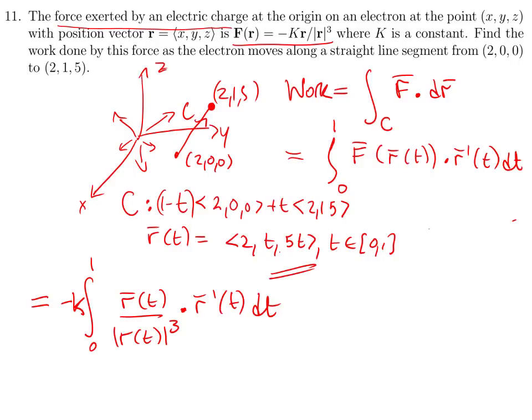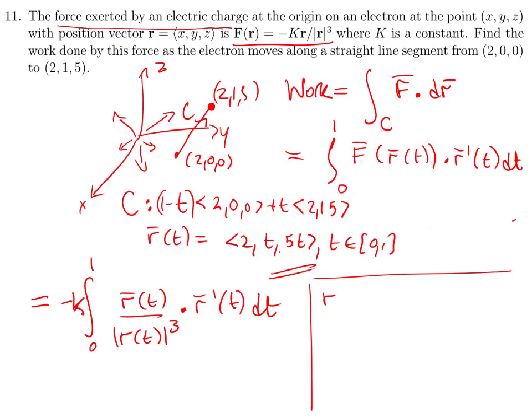If I could somehow get rid of that, or make it simpler, I would get a simpler integral. And the trick here is to observe that the numerator, which is r of t dot r prime of t, is actually just the derivative of the squared magnitude of r.